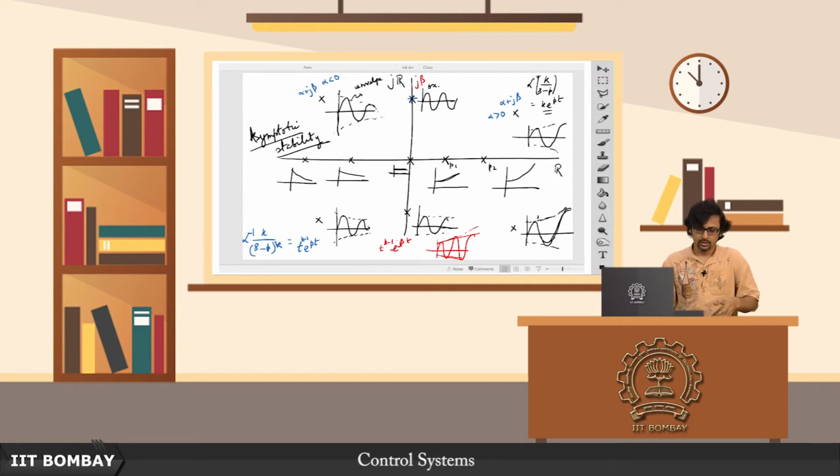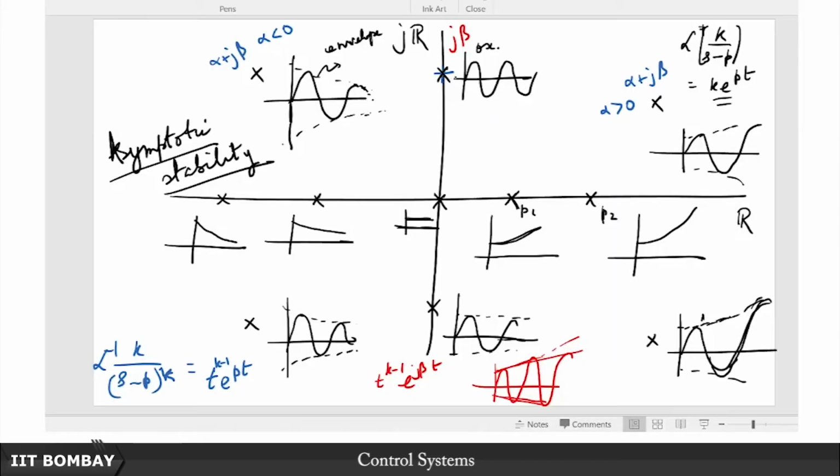So let me quickly flash before your eyes the last slide that we discussed in the previous lecture, which is the following. We observed that depending on the location of the poles, which are marked by crosses on this figure, you have the following kinds of time domain responses when you have non-zero initial conditions.